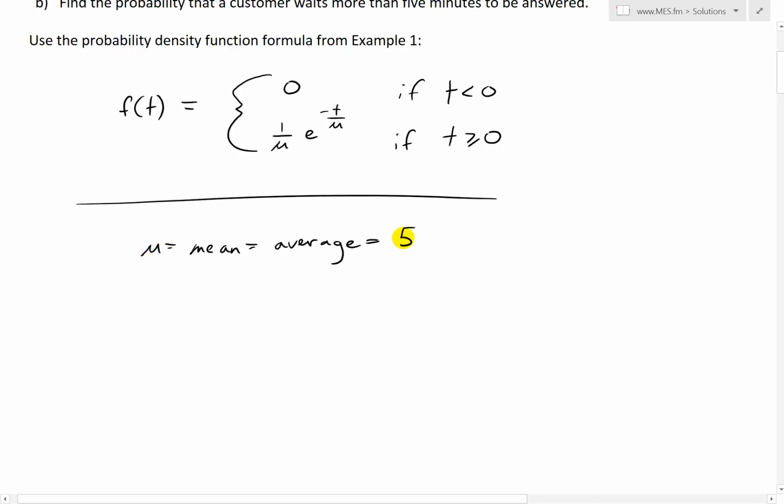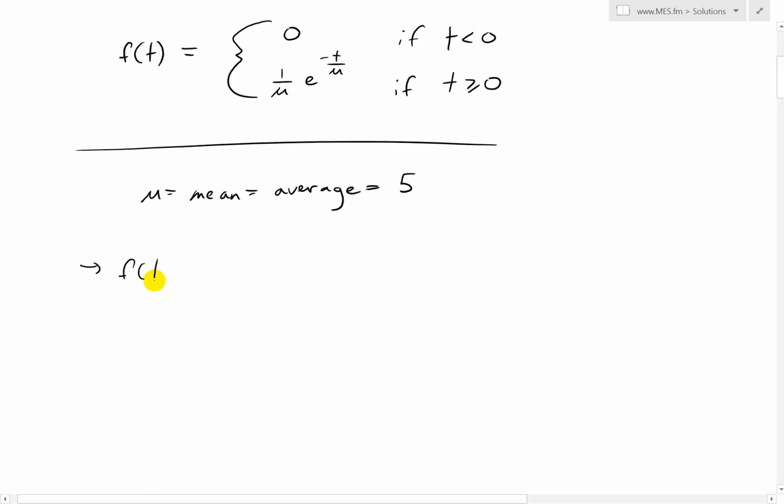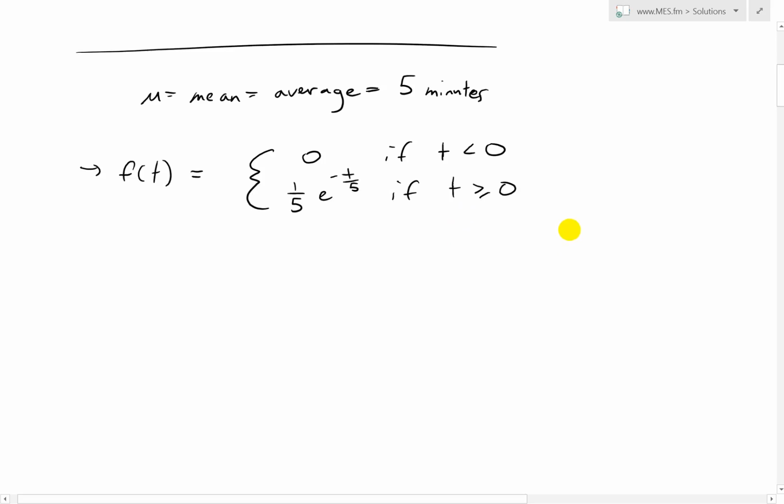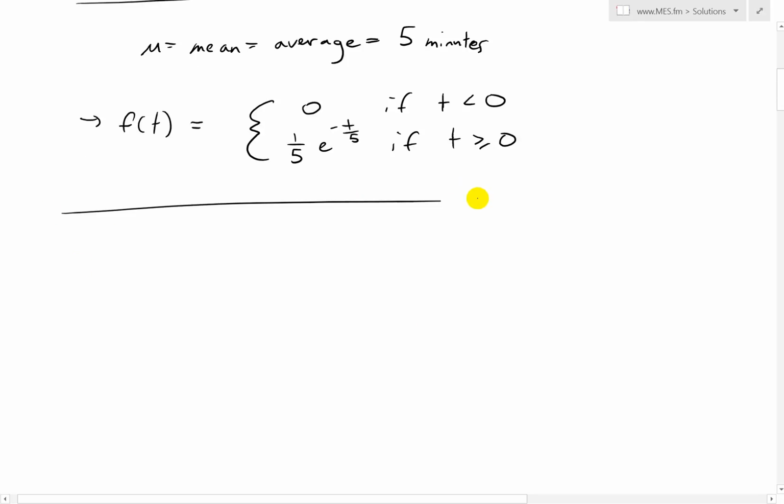So our f of t, the probability density function, is equal to 0 if t is less than 0, and is equal to 1 over 5 e to the power of negative t over 5, where 5 is 5 minutes, if t is greater than or equal to 0. The units of this are 1 over minutes for a probability density function.